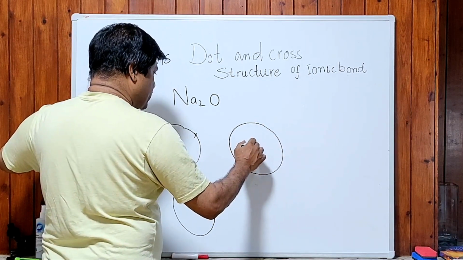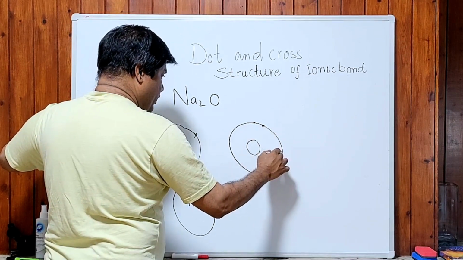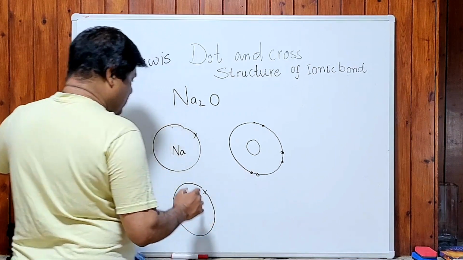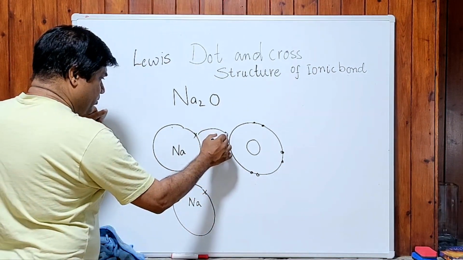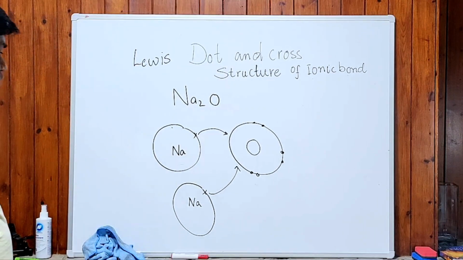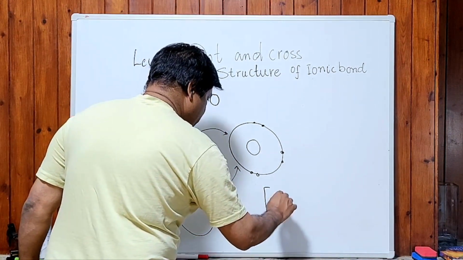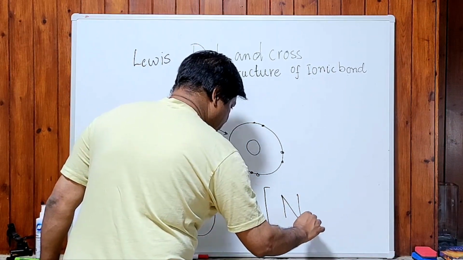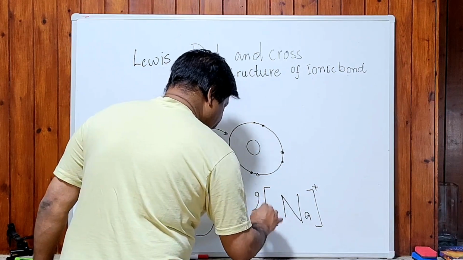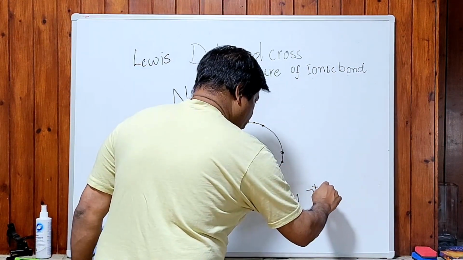Oxygen has how many electrons in the outer shell? 6. 1, 2, 3, 4, 5, 6. It gains 1 electron from this sodium, and 1 more electron from that sodium. After that, sodium becomes Na plus, Na plus. How many sodium do we have? 2 sodium.